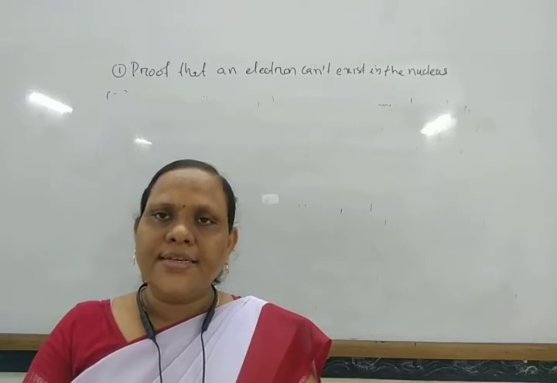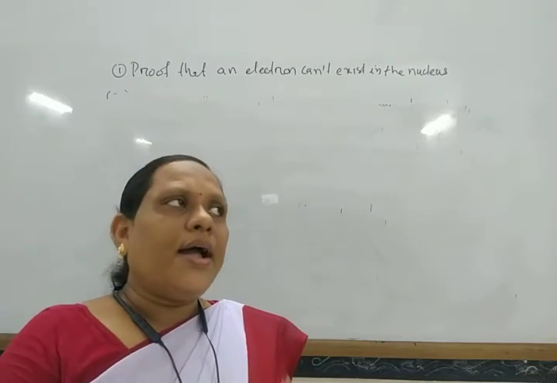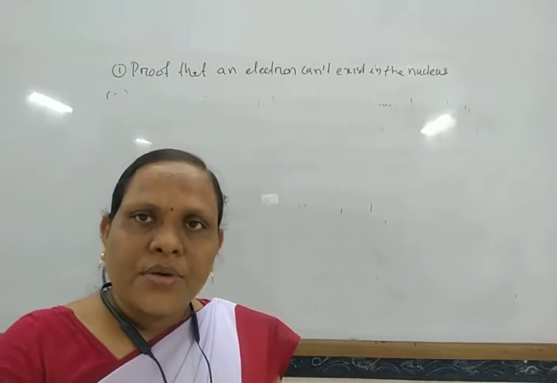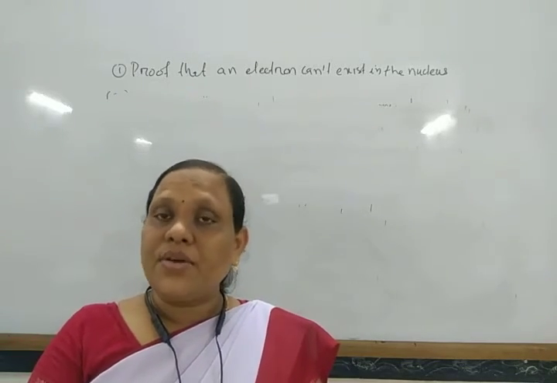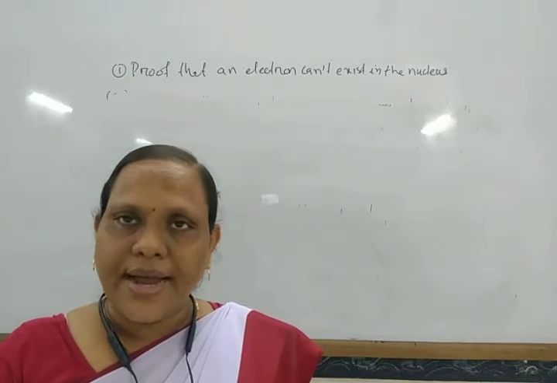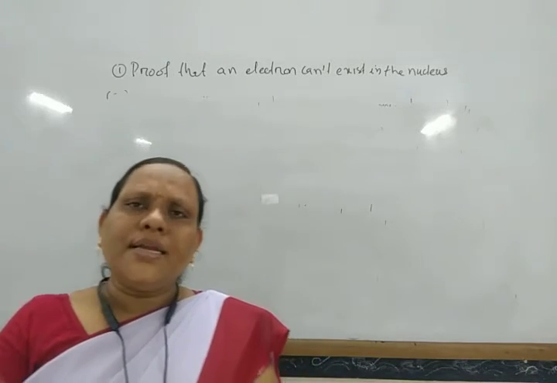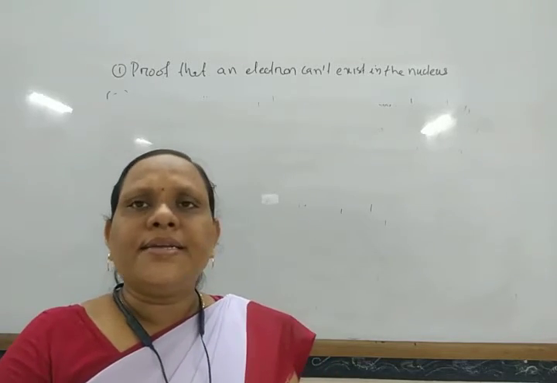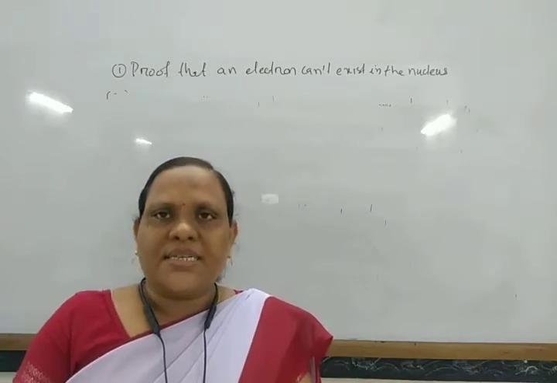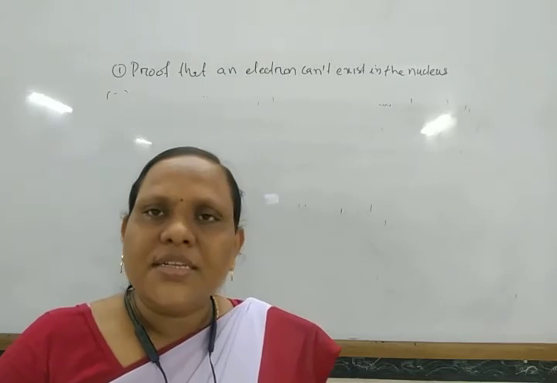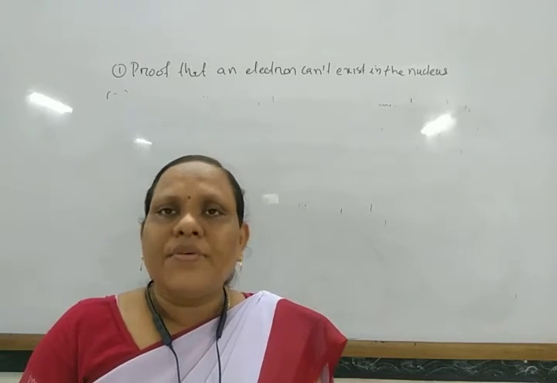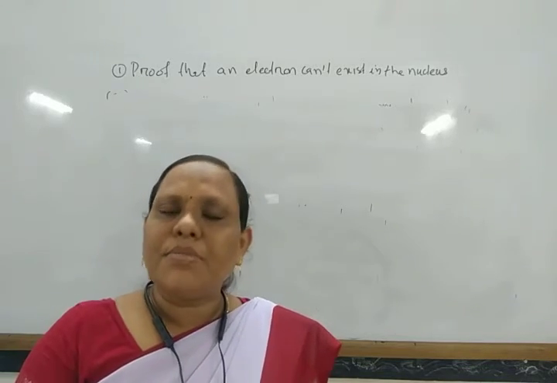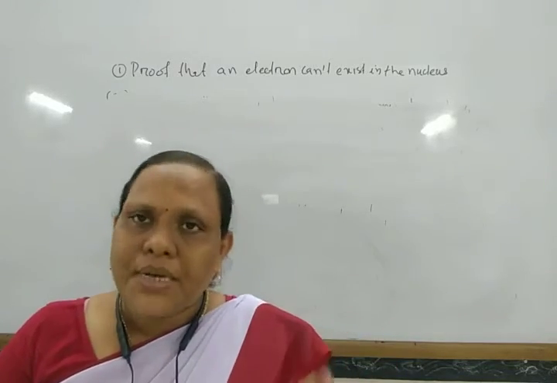Always light has the highest velocity, and any other particle or object has no higher velocity than that of light. So if an electron remains in the nucleus, the maximum region where you can find the electron is the diameter of the nucleus.